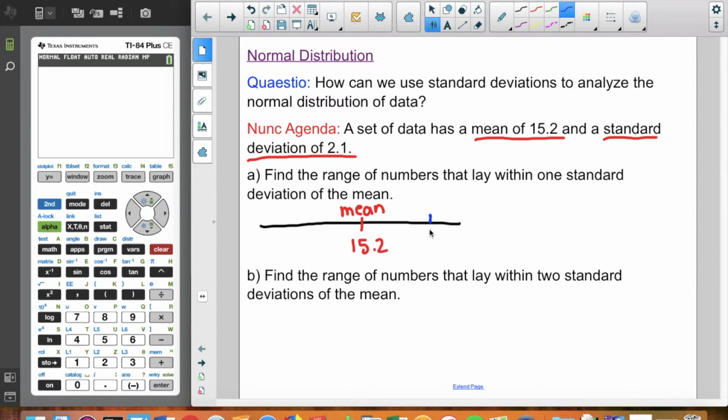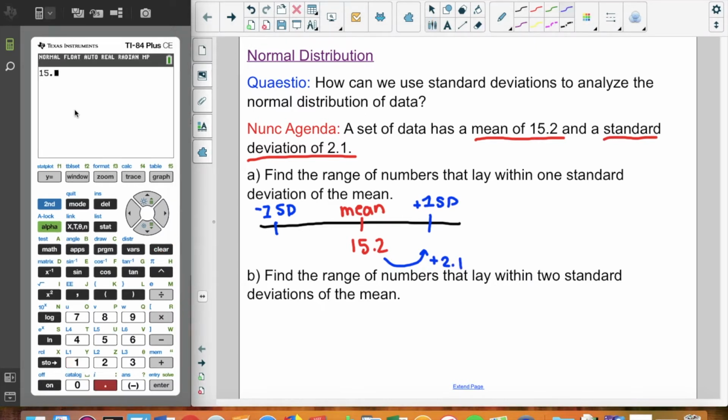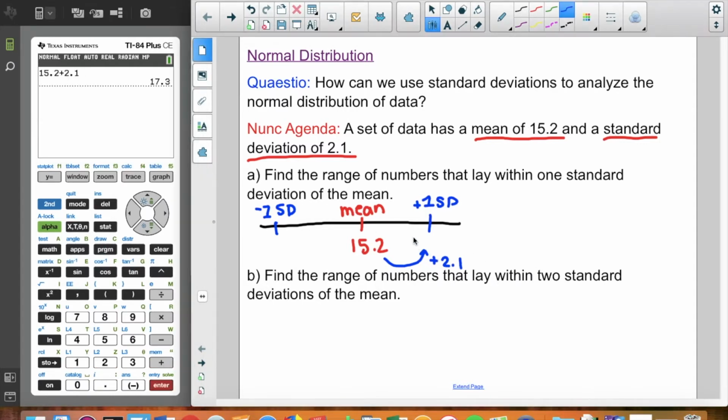Now you go one standard deviation away in the positive direction, and one standard deviation away in the negative direction. To get from here to here, you have to add your standard deviation, which is 2.1. So we do 15.2 plus 2.1, and we get 17.3.